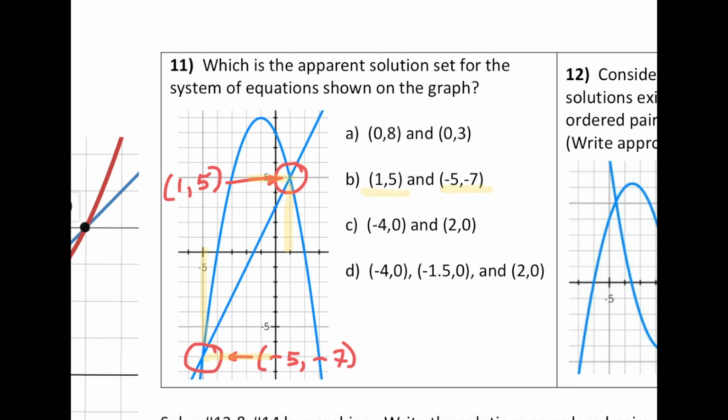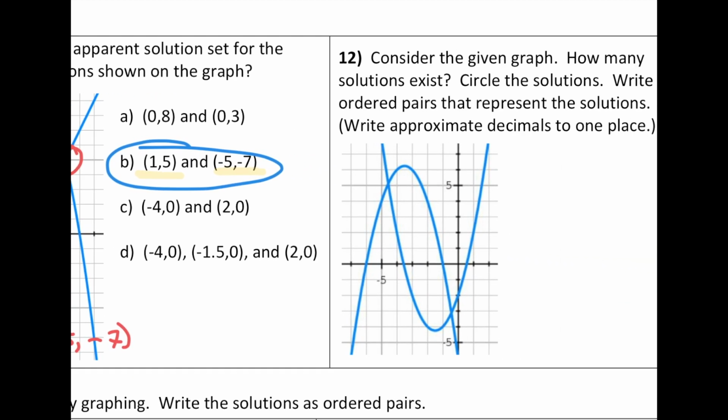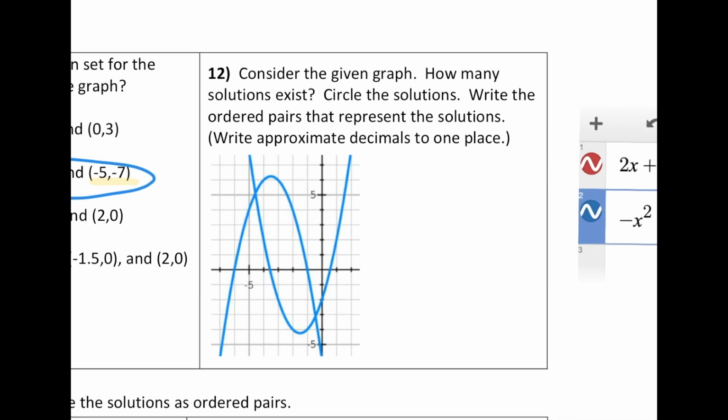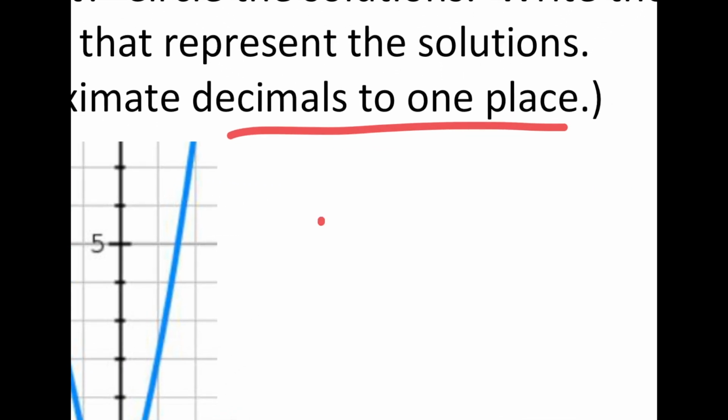So my answer for number 11 would be choice B. In number 12, it asks how many solutions exist. 2. Circle the solutions, I just did, and then write ordered pairs that represent the solutions. Decimals to 1 place in this case. So I'm going to say 2 solutions.